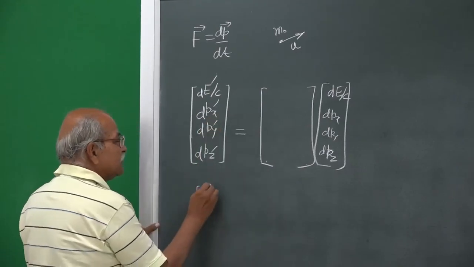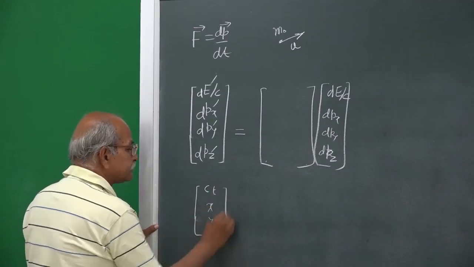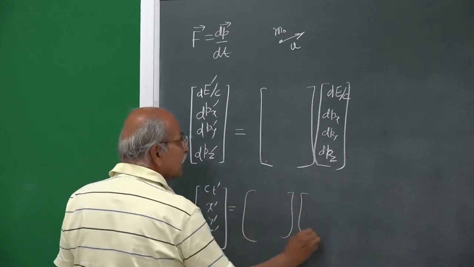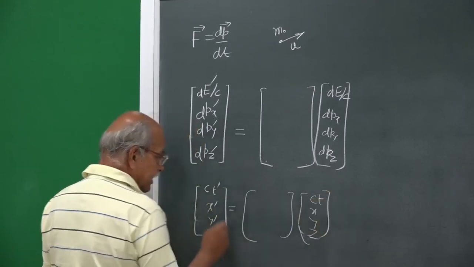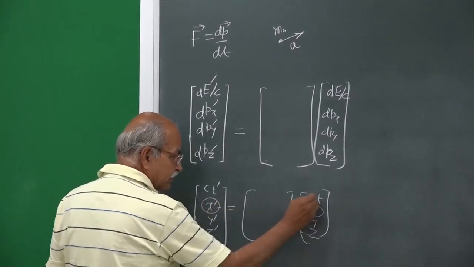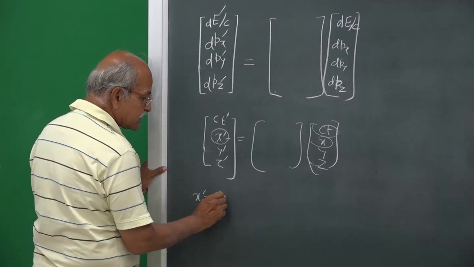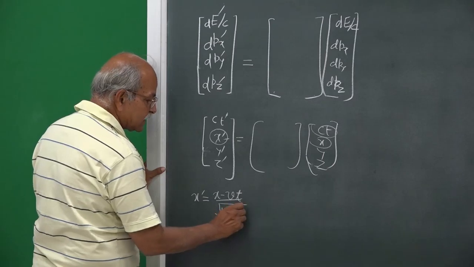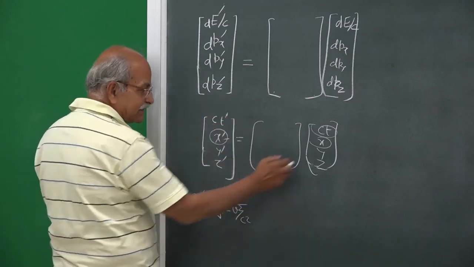Remember, let me write, if you have Ct here, x here, y here and z here, that will be the same transformation matrix, and then you will have Ct here and then x, y and z here. Look at this transformation, for this it will have these two terms, and x prime is equal to x minus Vt divided by square root 1 minus V square by C square, and this t is this Ct divided by C.